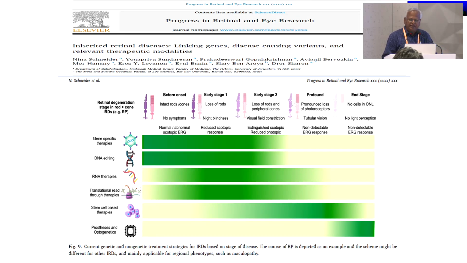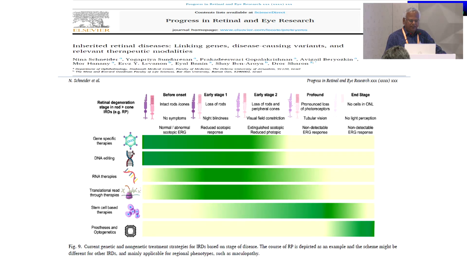Even in the late stage, where there are very few retinal cells, you can adopt the optogenetics technique. Optogenetics is nothing but expressing a light-sensitive protein in that particular region.